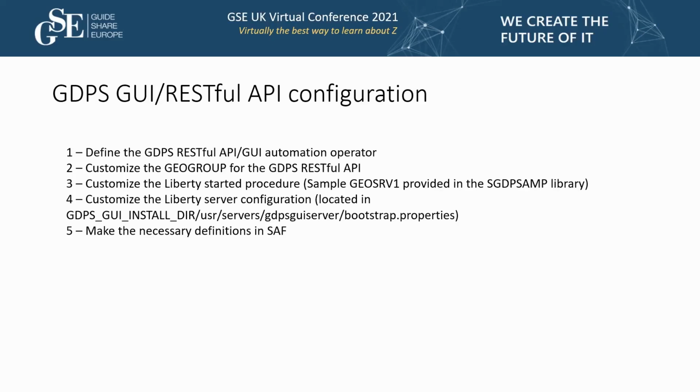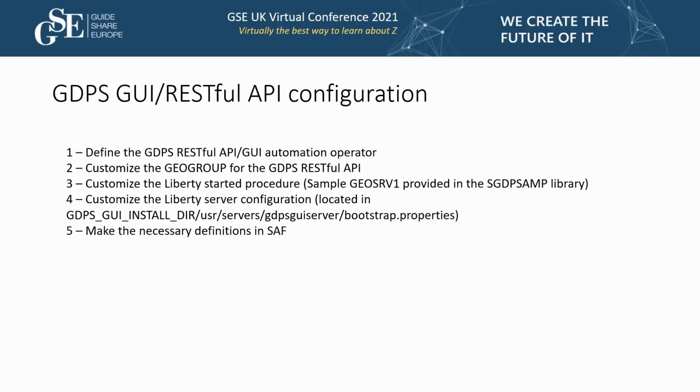There is also some configuration to do on the Liberty server itself. This configuration is done with the properties file under the Unix System Services. This file is called bootstrap.properties, and in there you can specify the ports that are used by Liberty for HTTP or HTTPS, and also, if you want, you can define the key store for SSL.